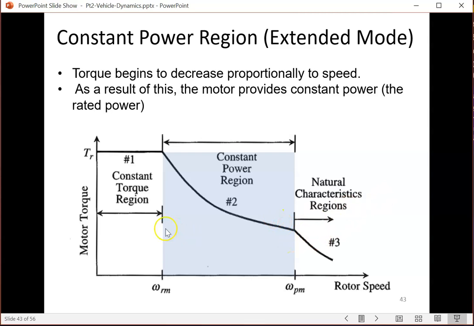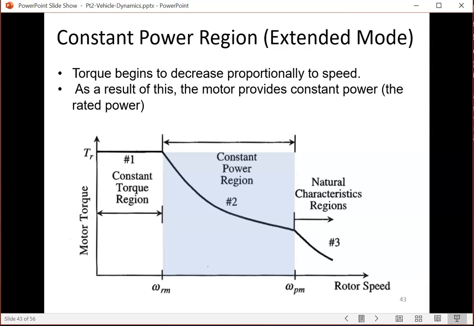So the first one, this speed, is known as the base speed or rated speed. The point at the end of the constant power region is known as the maximum speed, beyond which we get into a third region. But it's rarely used, really, because the motor wouldn't be working in the most efficient way.